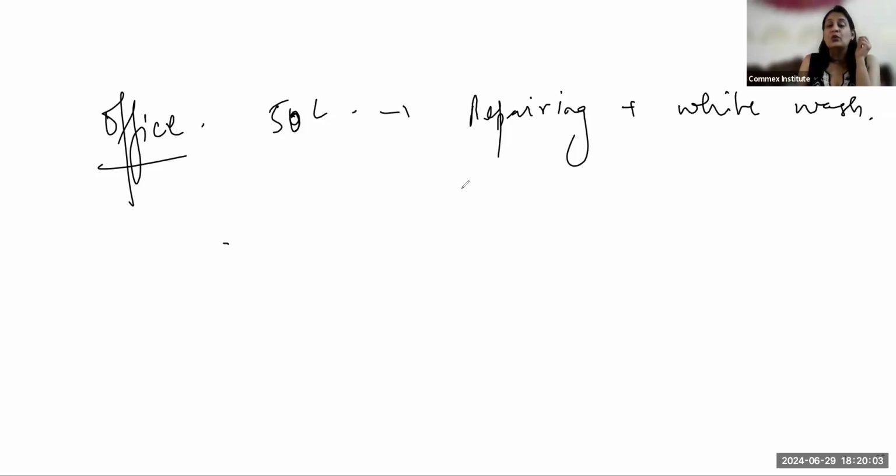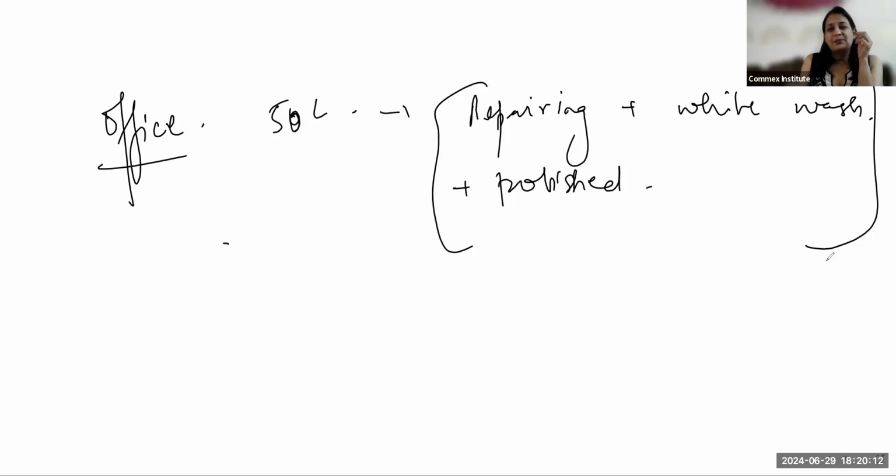I have to get the furniture polished. And this takes another 2 lakh rupees. So I'll pass the entry office account debit to cash, 52 lakh rupees. And if the payment is being made on different days, every time I'm going to pass the entry office account debit to cash.